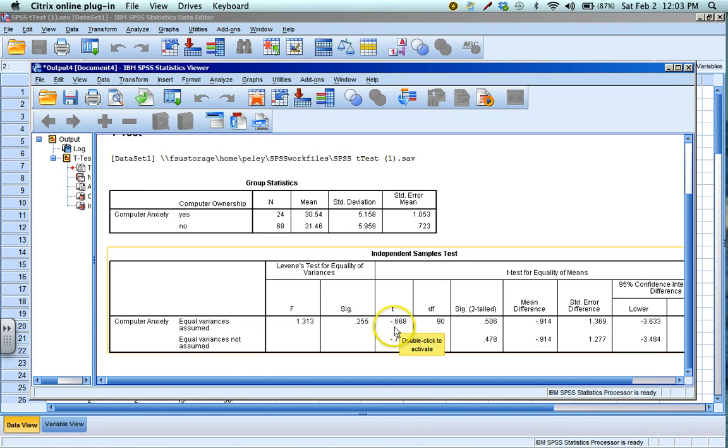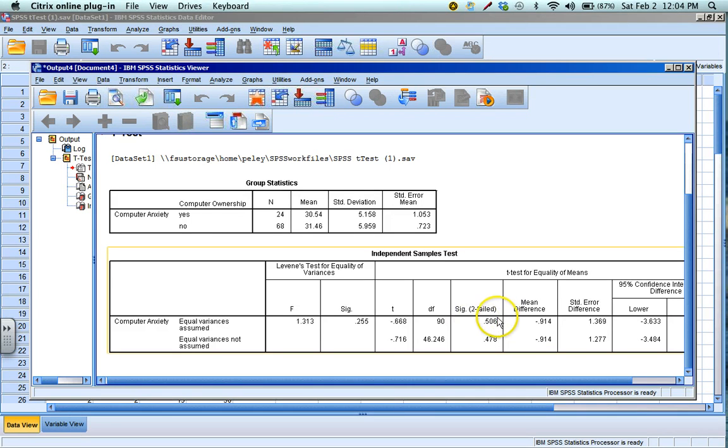So our t-statistic here is actually negative 0.668. Our degrees of freedom, DF, is 90. And our p-value here is 0.506, which is very, very high, or a lot larger than the 0.05 level of significance that we were looking for.